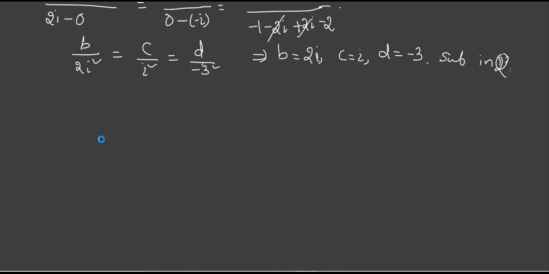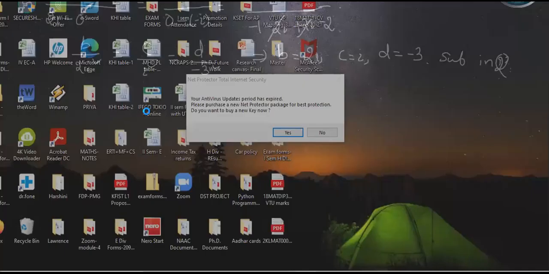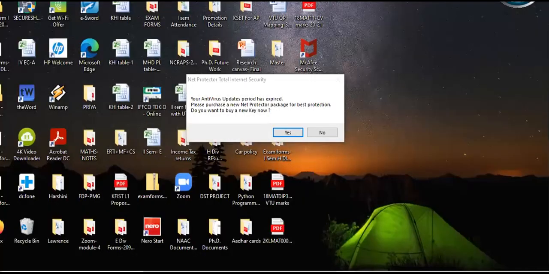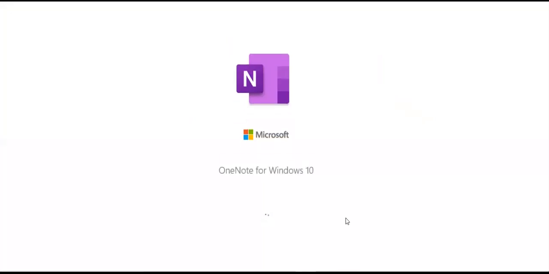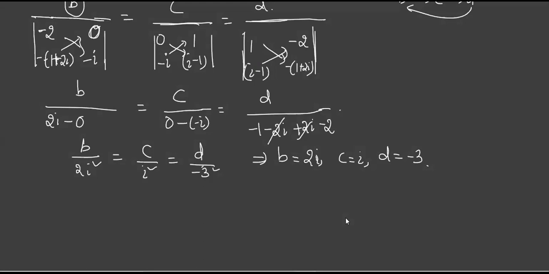So what is my equation 1? A plus B minus 2C minus 2D. A plus B, so B is 2i, minus 2C, C is i, minus 2 into D is minus 3.